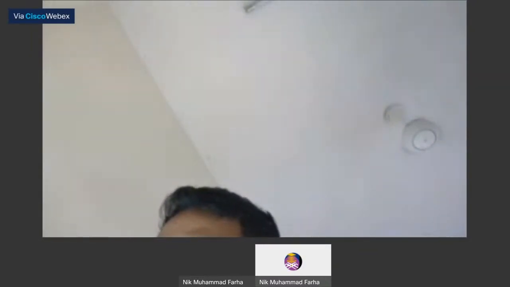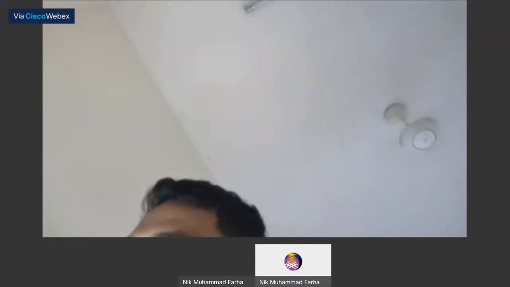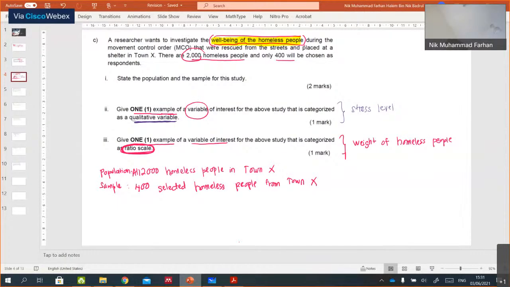Other answers provided in the answer scheme for last year include stress level. Other than that, they ask about health status, right? Healthy or not? Health status.